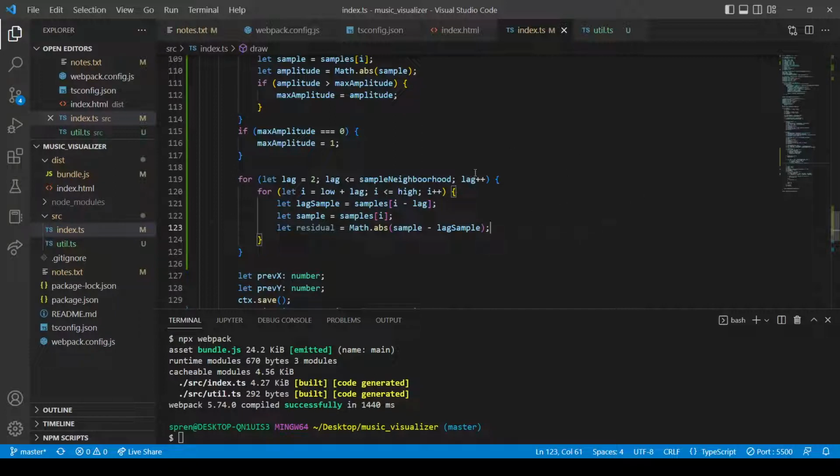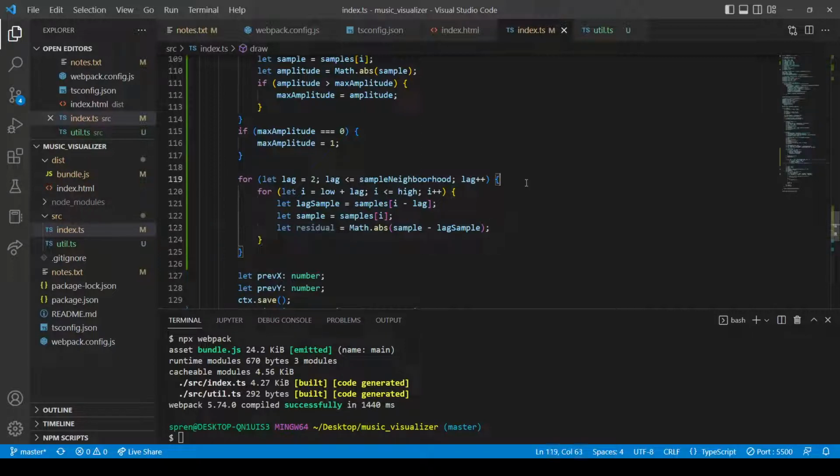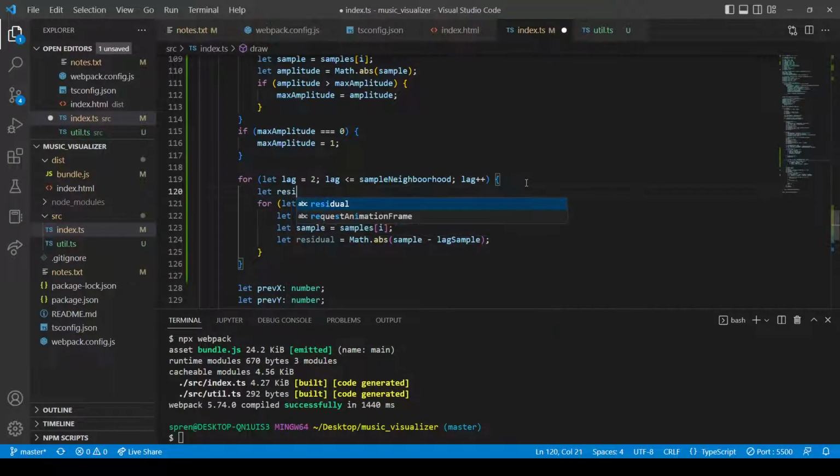I'm thinking. Residual is what we want, and then a sum. These are going to be fairly small numbers, so it's fine to add them up, I think.